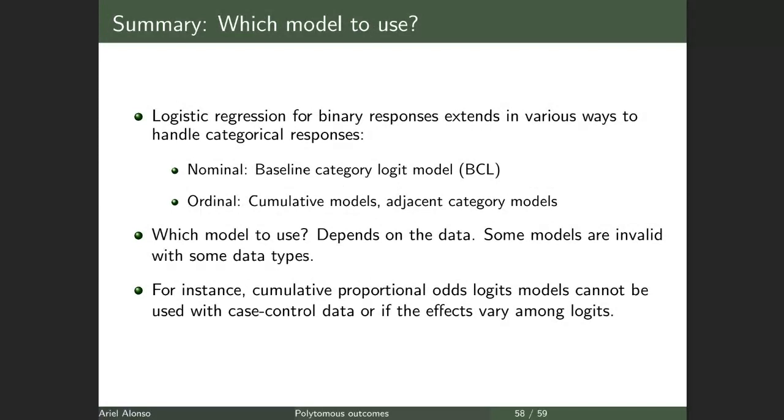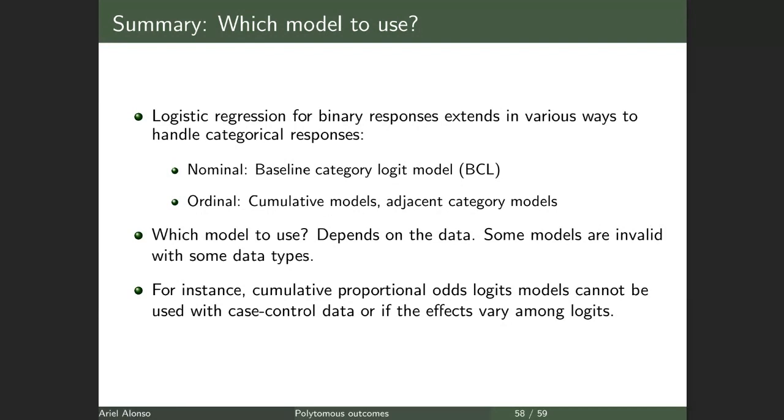So which model to use? Should I use a nominal, a baseline category logit model? Should I use a cumulative model or an adjacent category model? It depends on the data. Some models will be invalid with some types of data. If you're trying to use a cumulative proportional odds model, but the proportionality assumption is not correct, then you should not use that model.